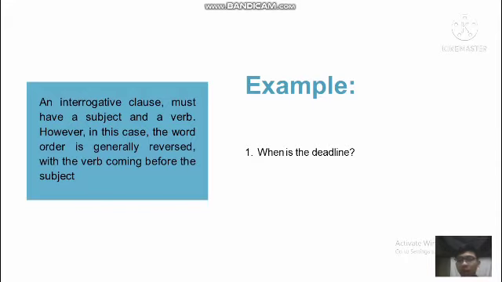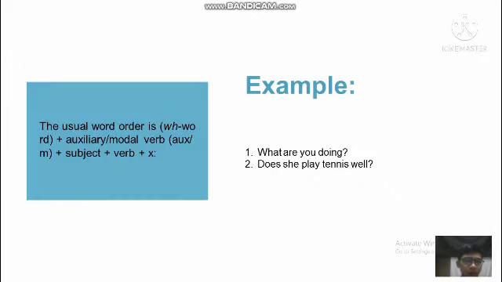So this is an example of an interrogative clause. Now, the usual word order is WH word plus auxiliary or modal verb, plus subject, plus verb, plus X.